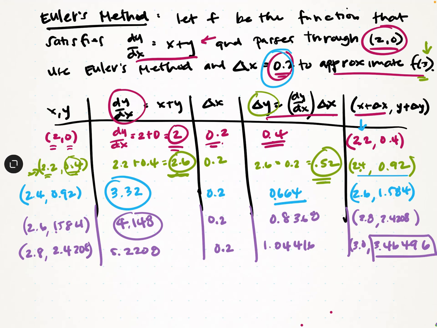Where's my book? Oh, we can't find an actual value. Alright, so this will be our approximation.